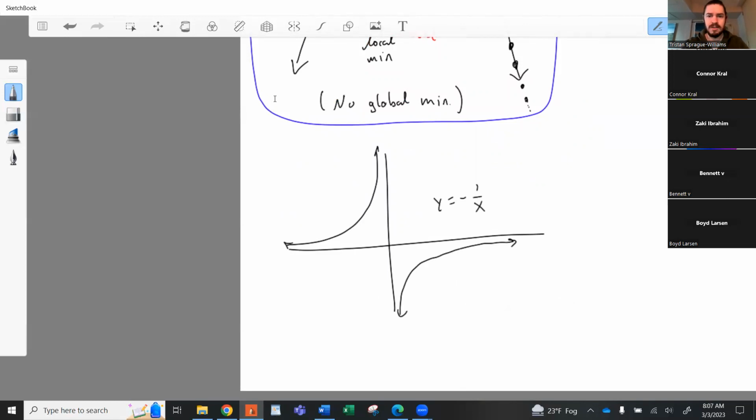I could have drawn 1 over x, but this graph has no global extremes, neither minimum nor maximum, but it also has no local extremes. So these don't necessarily have to happen. There doesn't necessarily have to be local or global extremes for a function in general.